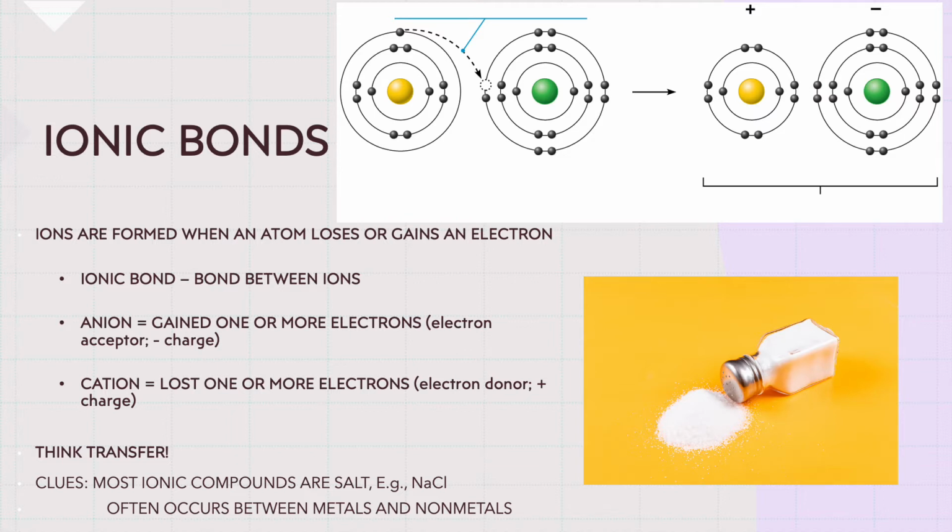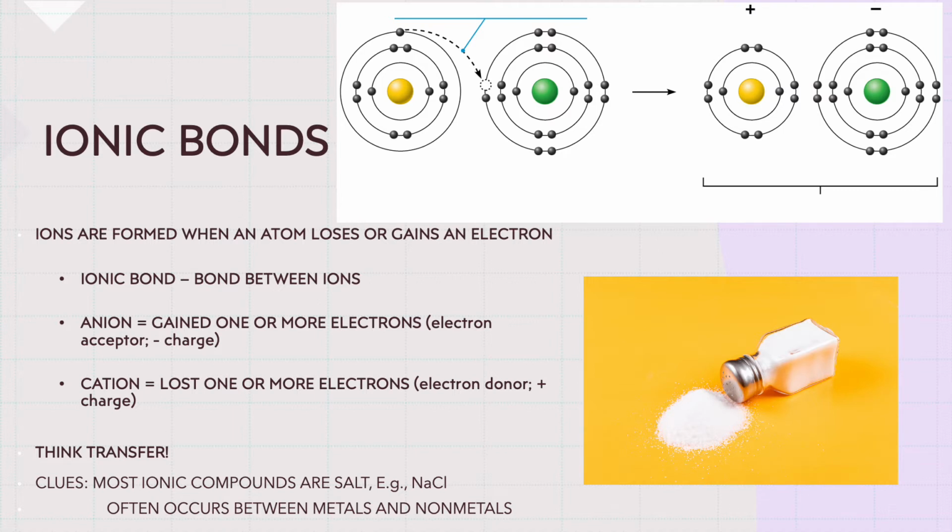So this is more likely to be an electron acceptor, and we give it a negative charge. I talked about it in the previous video that since it's receiving, instead of us giving it a positive, it's actually receiving. That's why we're giving it a negative charge.